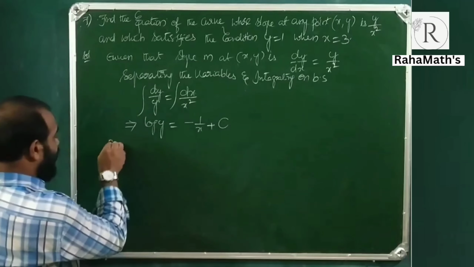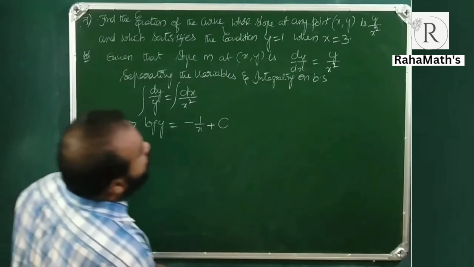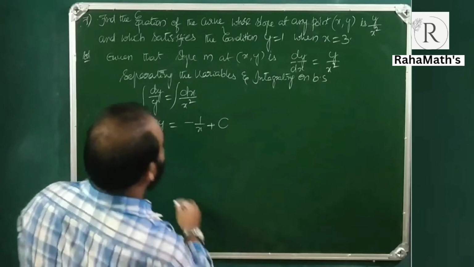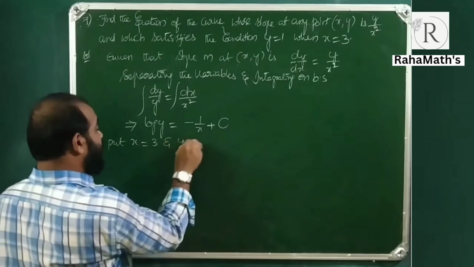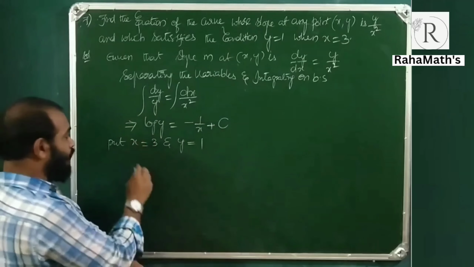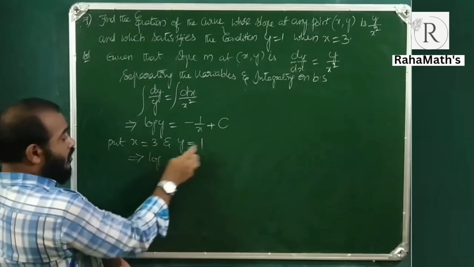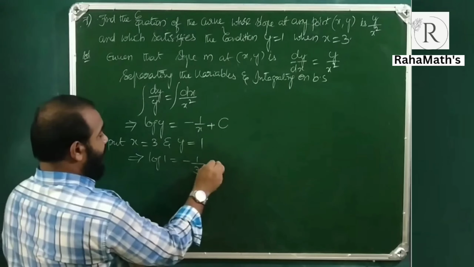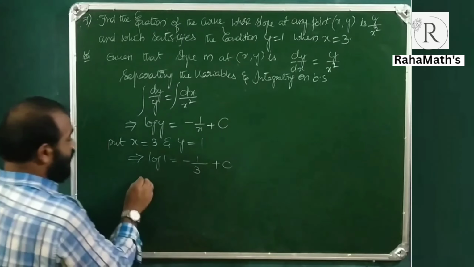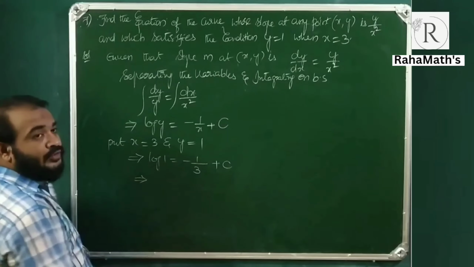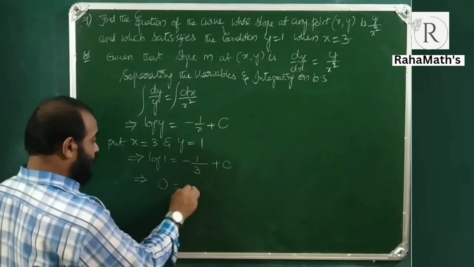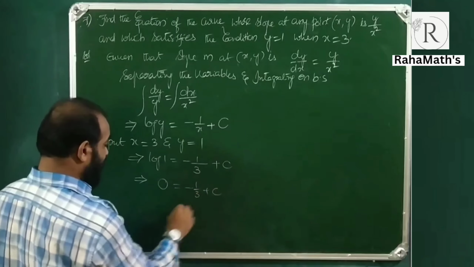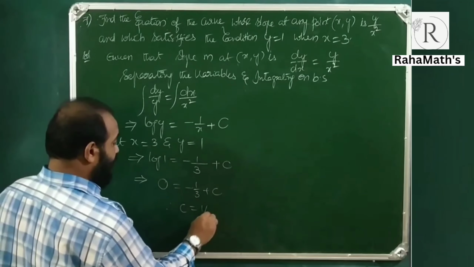So, put x equals to 3 and y equals to 1. Substitute in this, we'll get log 1 is equals to minus 1 by x value is 3 plus c. We know log 1 value is 0. So 0 is equals to minus 1 by 3 plus c. Therefore c is equals to 1 by 3.